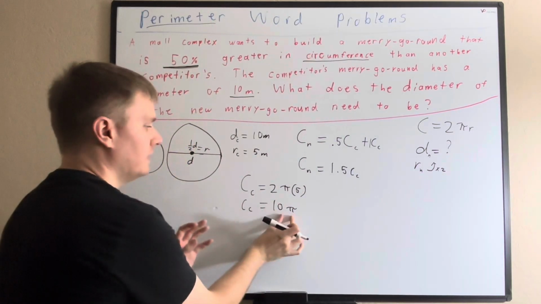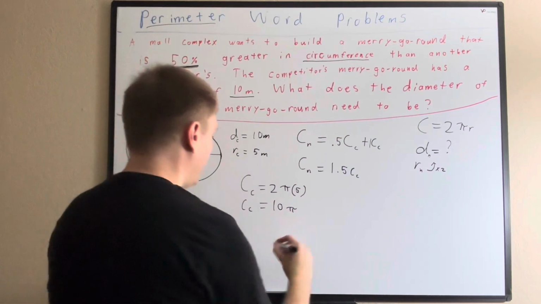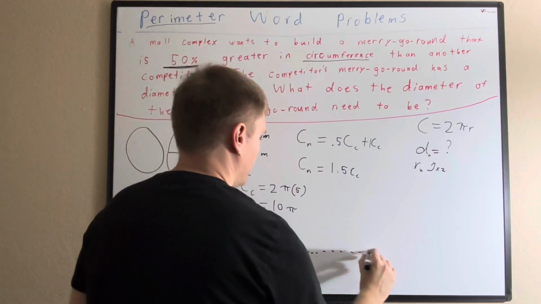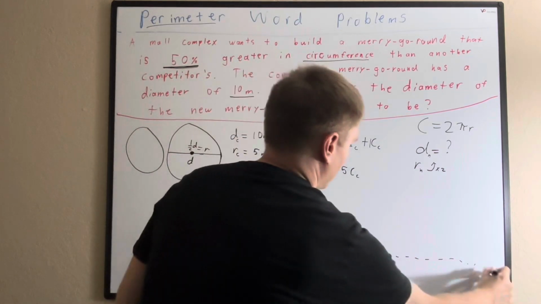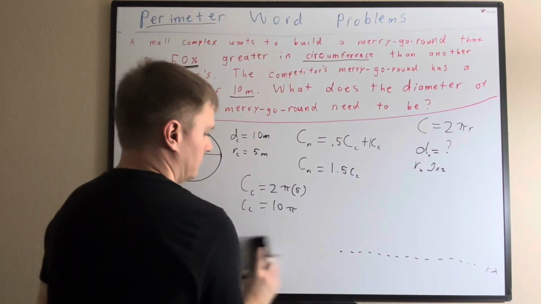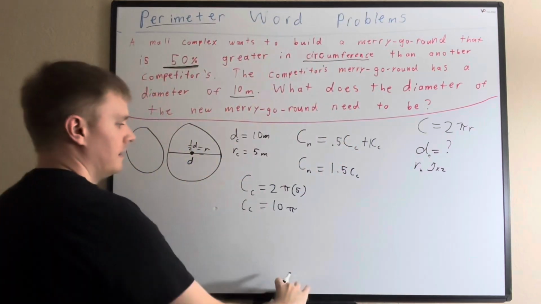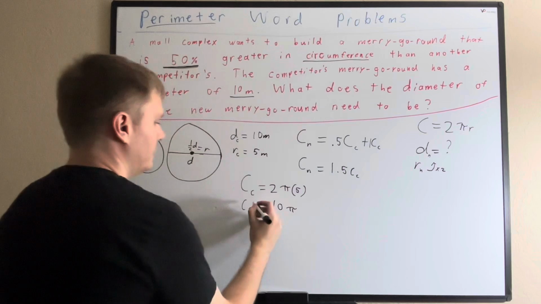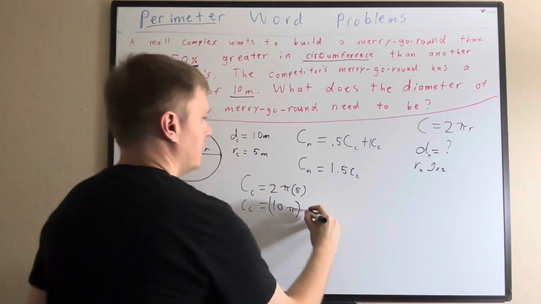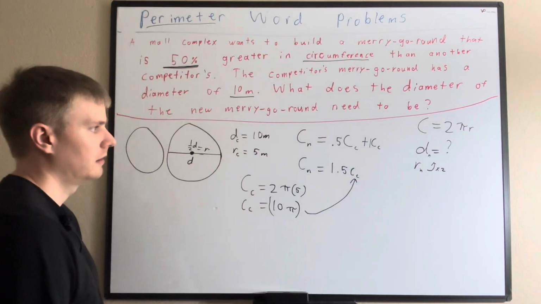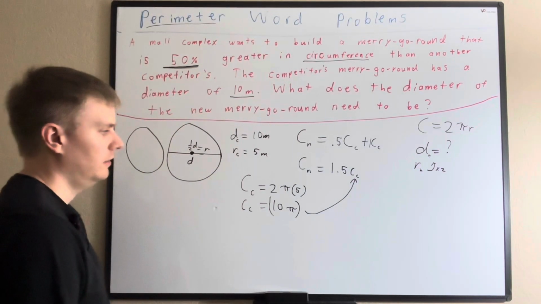You can just leave it in terms of pi, because pi is this crazy number that goes on forever and ever, and we don't worry about that because we're going to just substitute this in for that anyway.